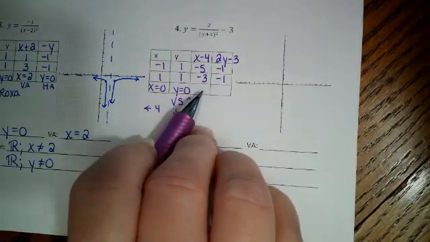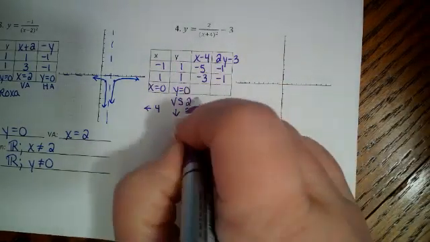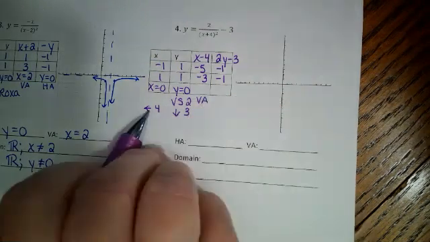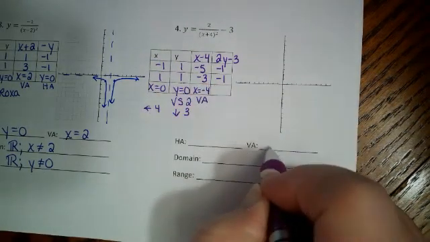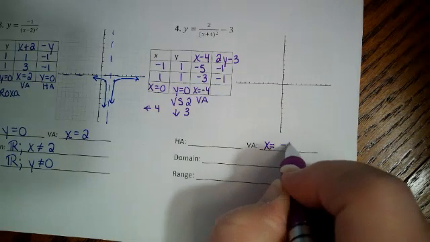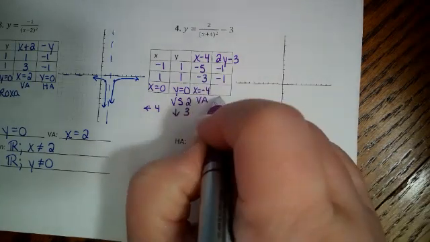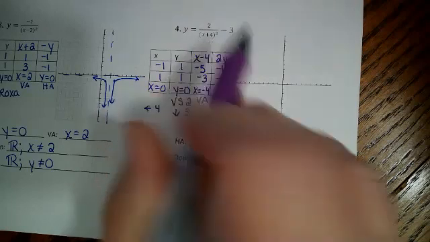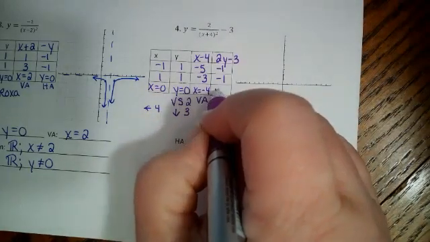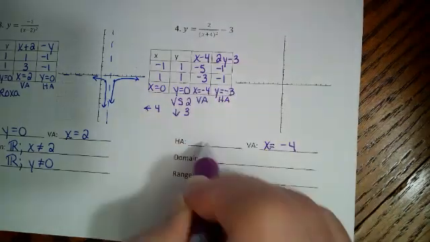Now my vertical asymptote, because I moved to the left 4 spaces, is going to be x equals negative 4. My horizontal asymptote, because I moved down 3 spaces, is going to be y equals negative 3.